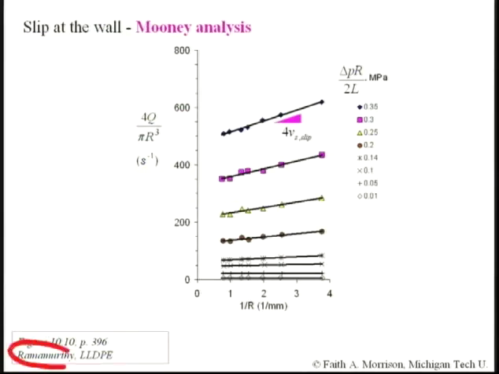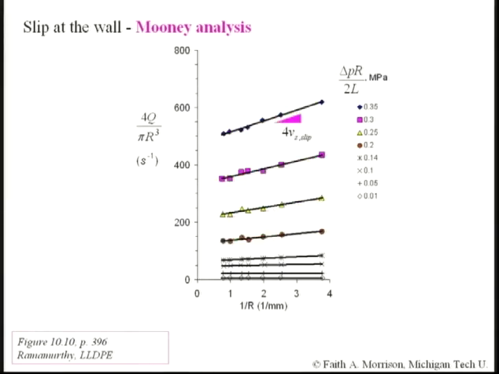These are Ramamurthy's data. So you see he did a variety of experiments at different radii of tubes. And for many of the experiments, there was no slope, meaning there's no slip velocity for this linear low-density polyethylene. But when he went to higher and higher wall shear stresses, these are wall shear stresses, delta PR over 2L, he got some non-zero slopes.